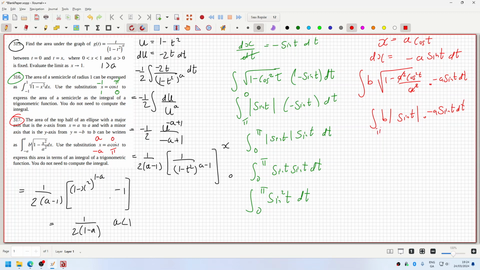So it'd be pi to 0, which would be 0 to pi, and I can flip the sign. That's ab sine t dt. And again, sine t is positive in this domain. So it's ab, integral from 0 to pi, sine squared t dt.